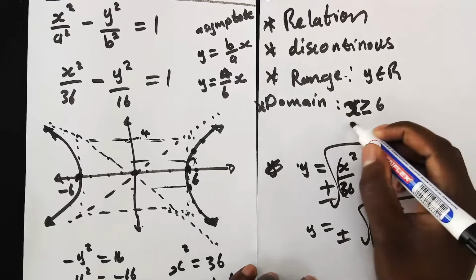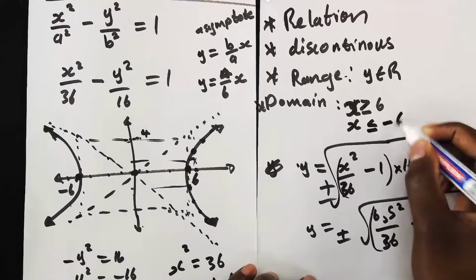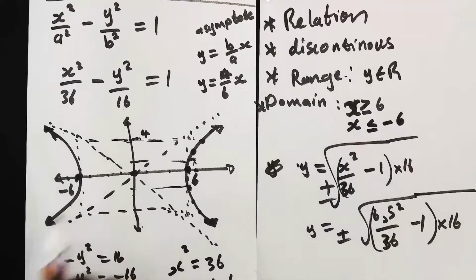But let's specify the other one. X must be less than or equal to minus 6 on the other side, because on the graph we have 6. So x must be less than or equal to negative 6. I hope it's clear.